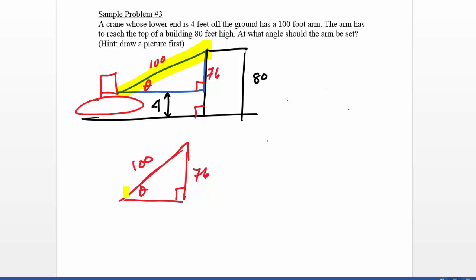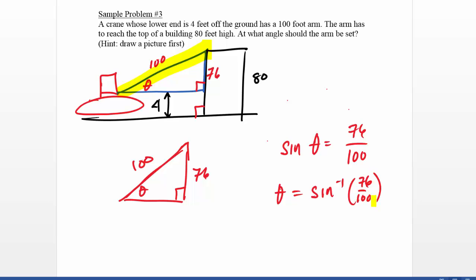And so we can see that in relation to the angle that the arm is making with the ground, we have an opposite, and then we have a hypotenuse in relation to the angle theta. So I'm going to use sine here. And then we're going to use the inverse function to get the answer for that.